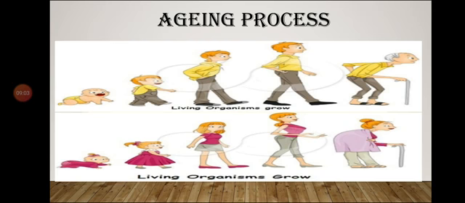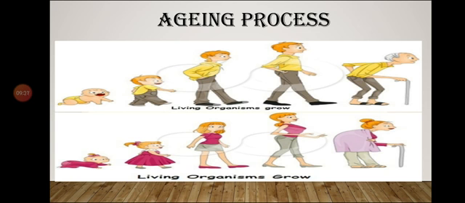That means life has to continue, but at a certain point of time, the molecules, the organs and the systems begin to lose their effective working and become old. This is known as the aging process. So every living organism shows this process.